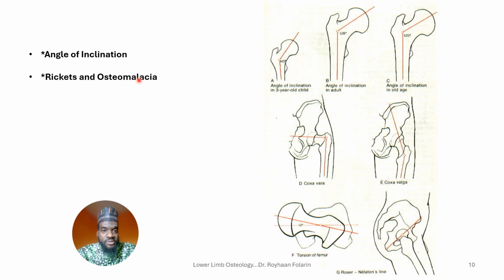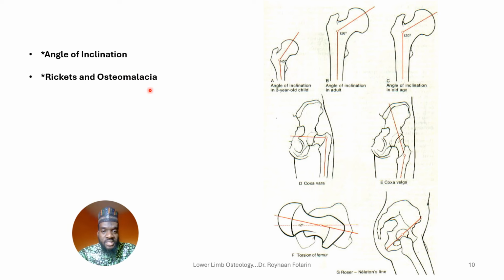Also, rickets and osteomalacia are both clinical conditions that we need to be aware of. Both of them are metabolic bone disorders that result from vitamin D deficiency. Usually leads to weak bones and skeletal deformities. So in kids, rickets will lead to bowing of long bones, while in adults you have osteomalacia, which results in bone pain and fractures.